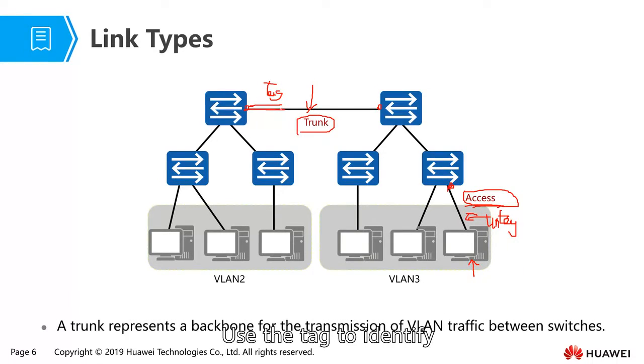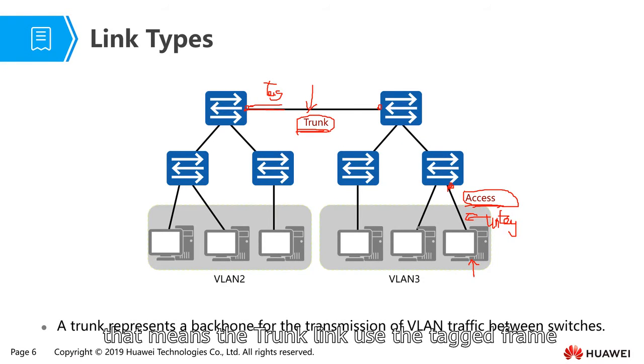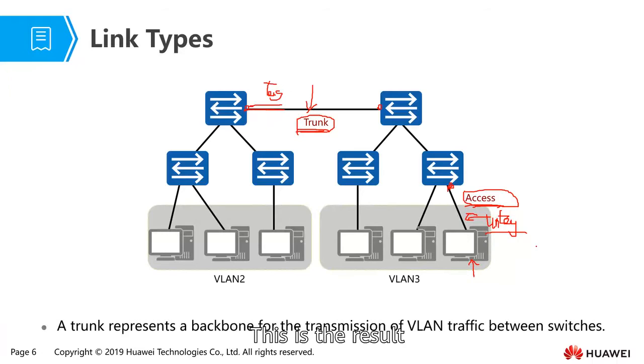We use the tag to identify which VLAN this frame belongs to. Such a link we call a trunk link. That means the trunk link uses tagged frames and the access links use untagged frames. Okay, this is the result.